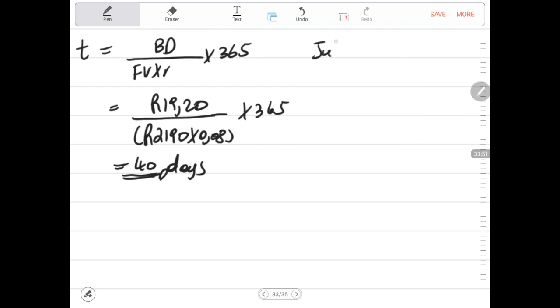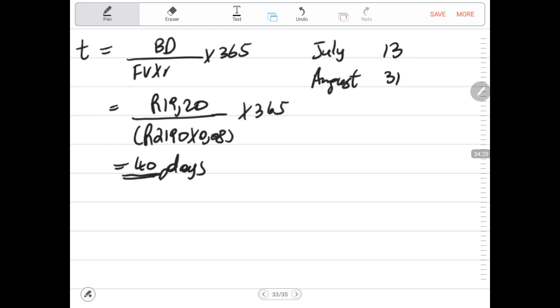So in the month of July, we only need 13 days. Then we go to the month of August. August has 31 days. Guys, you just need to master the number of days in a month.